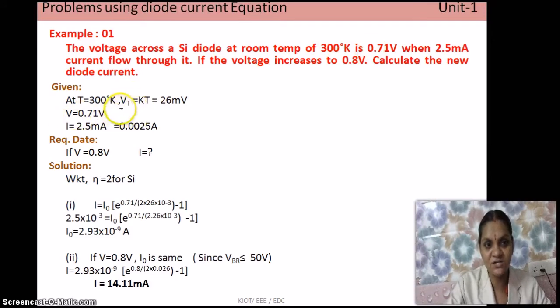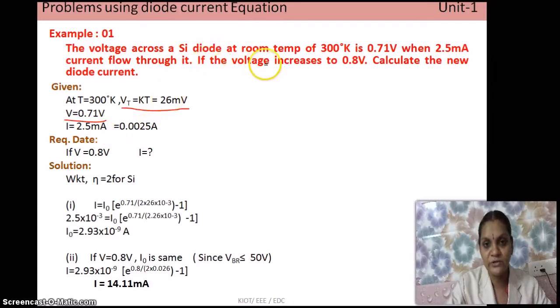This is a constant, that's why I am taking it as it is. And V is given as 0.71 volt when 2.5 milliamps current flows through it. So this is the temperature, this is the voltage, and this is the current flowing through it. So current I equal to 2.5 milliamps; convert it into amperes, 2.5 into 10 power minus 3.